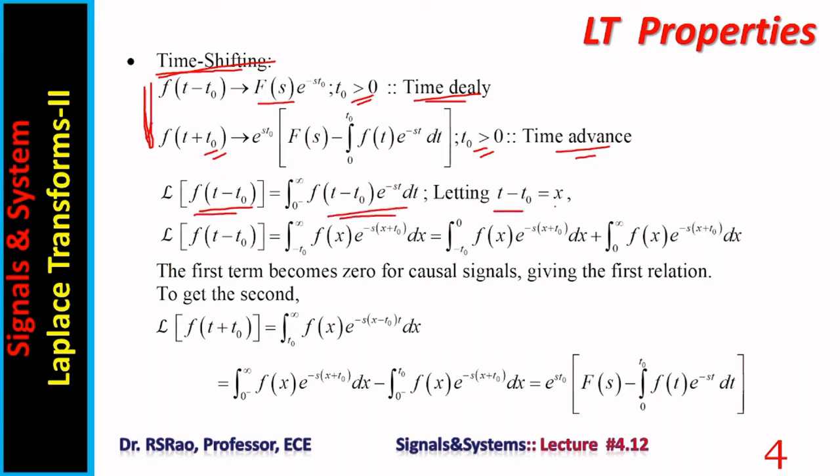Letting t minus t naught as x, the Laplace transform becomes the integral from minus t naught to infinity of f of x e power minus s x plus t naught dx, which is equal to the integral from minus t naught to 0 of f of x e power minus s x plus t naught dx plus the integral from 0 to infinity of f of x e power minus s x plus t naught dx.